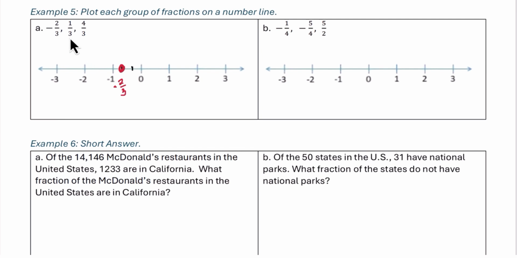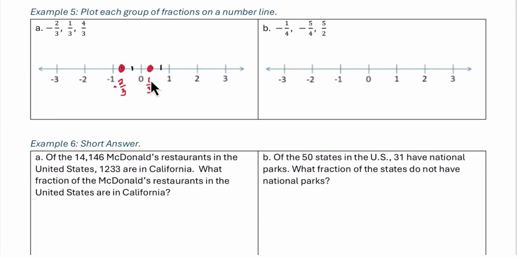Up next, we have 1/3. This time that's positive, so we'll be to the right of the 0. We need to add in some tick marks. Again, we'll break that up into thirds. So we have 0, 1/3. We'll go to this first tick mark, and that represents 1/3. Now, 4/3.